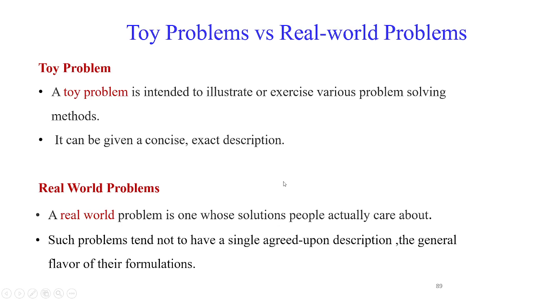But when you talk about real world problems, on the other hand, these are the problems that people are actually trying to solve, like navigating traffic, a diagnosis system, scheduling a flight. These real world problems involve a lot of uncertainties and ambiguities. The rules are fuzzy and the environment is unpredictable.